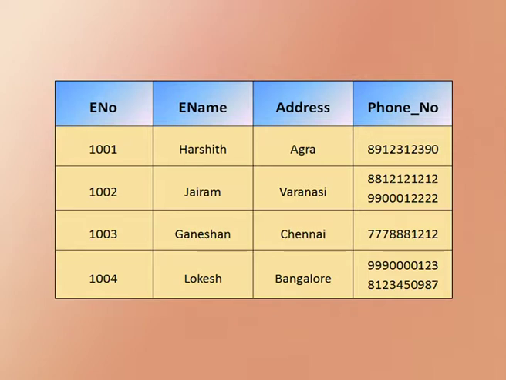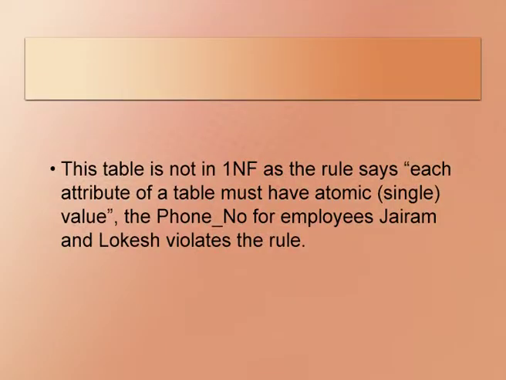So the first normal form says that every column in the table should have one atomic value of the same type. However, it is storing two different values under the same record. So here you have to split this and work in the fashion that is shown in the next slide. This table is not in 1NF, as the rule says each attribute of a table must have an atomic value, and here the phone number column of Jairam and Lokesh violates the rule and is storing two telephone numbers against the same column.